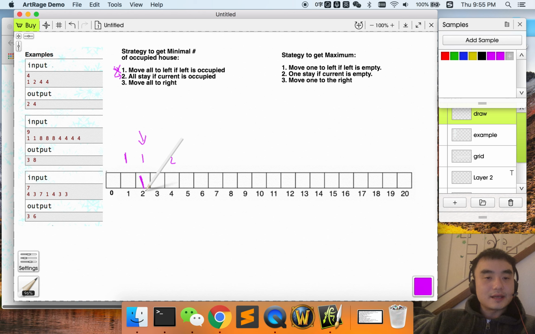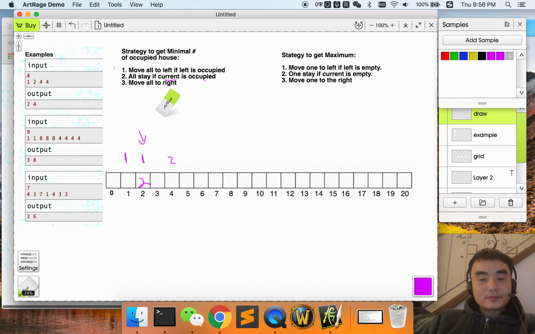The answer is yes. It's already occupied by the first person, right? So we keep all these people in the second house at the same place. So the second house has two people, right? And because we already did the second strategy, we don't need to try the third anymore.